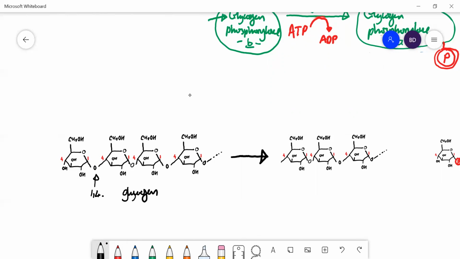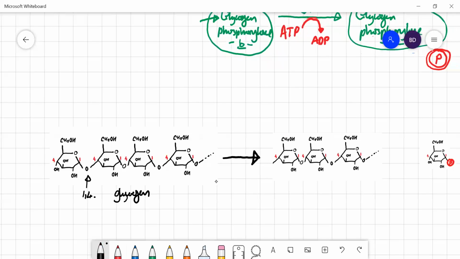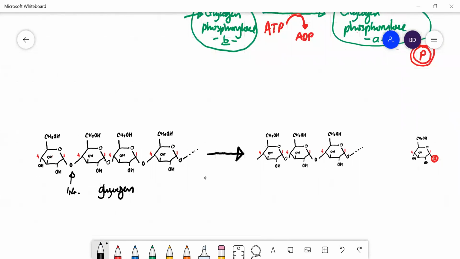Right, so what happens is that an inorganic phosphate, PO4 3-, attacks this oxygen here and sticks a phosphate group onto that, as you can see there, to form glucose 1-phosphate.